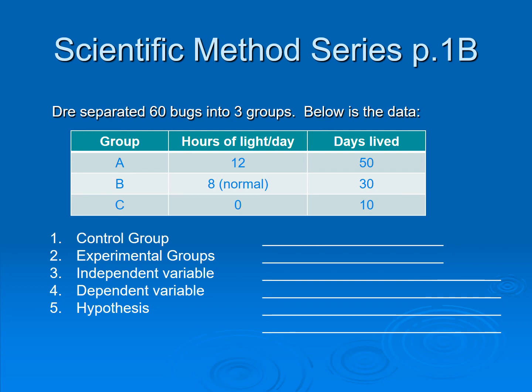He has this data. He has 3 groups, A, B, and C. He gives them different hours of light per day, and then he records the days lived. You need to write down the control group, the experimental groups, the independent variable, the dependent variable, and give a reasonable hypothesis.